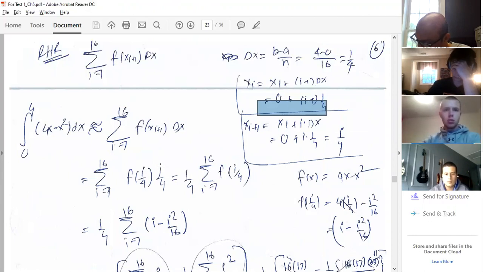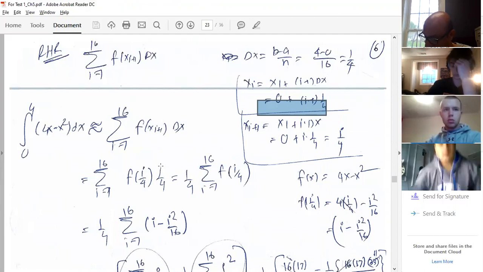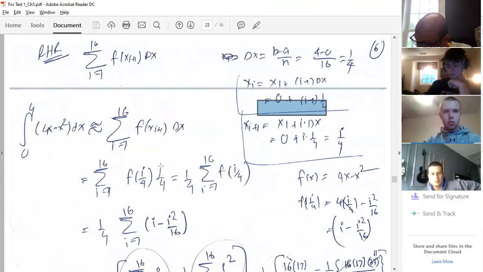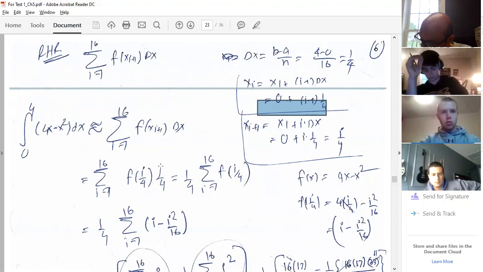That is equal to (i minus 1) inside the bracket, 1 minus (i minus 1)/16. And that is equal to (i minus 1), and here is (16 minus (i minus 1))/16. So that is equal to (i minus 1)(15 minus i)/16.